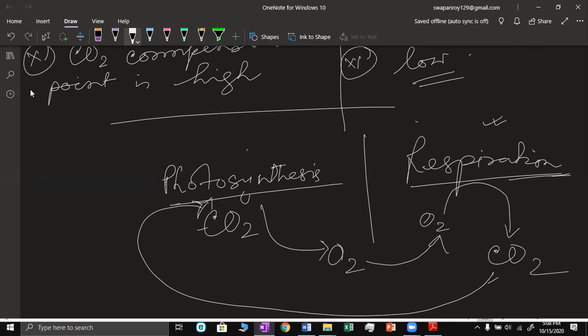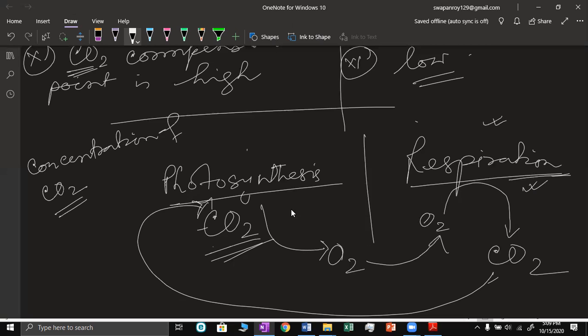So the carbon dioxide compensation point is that concentration of carbon dioxide at which it can compensate the rate of respiration.